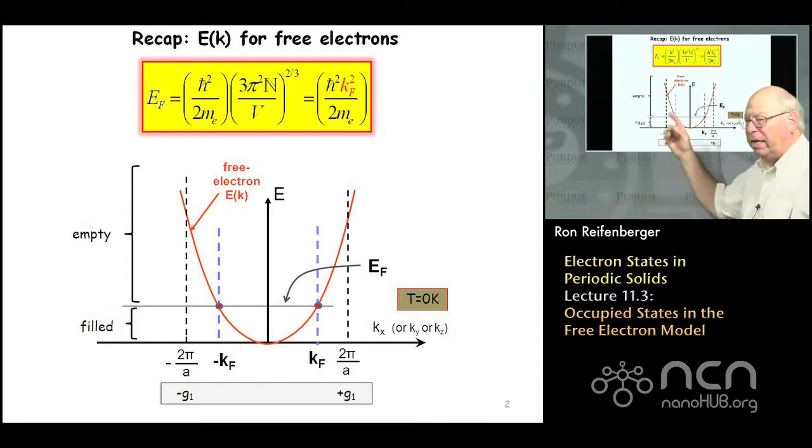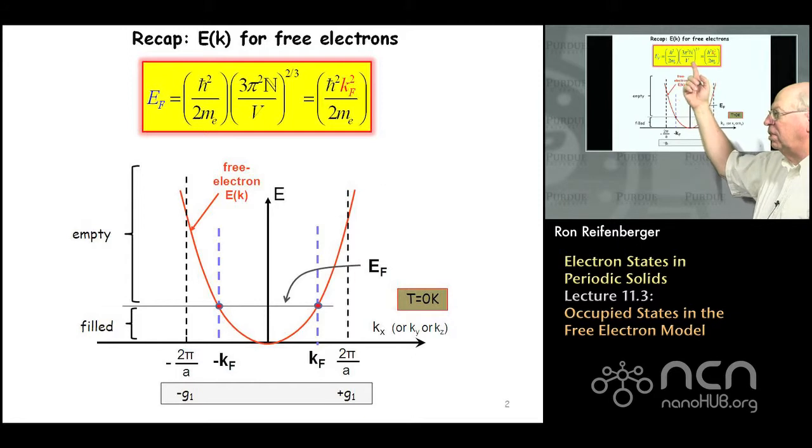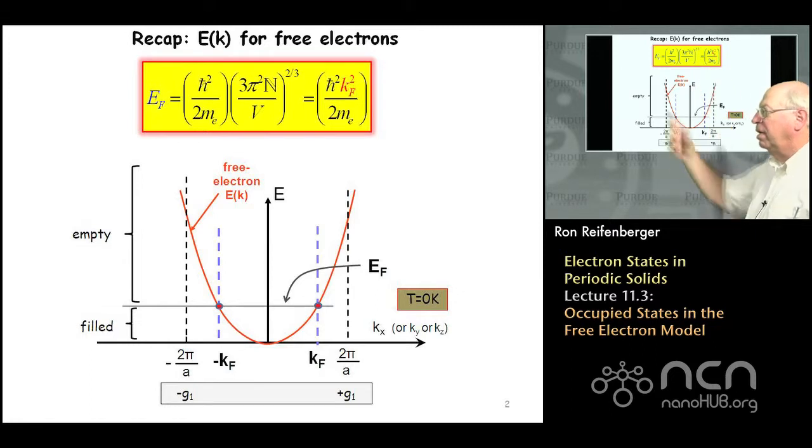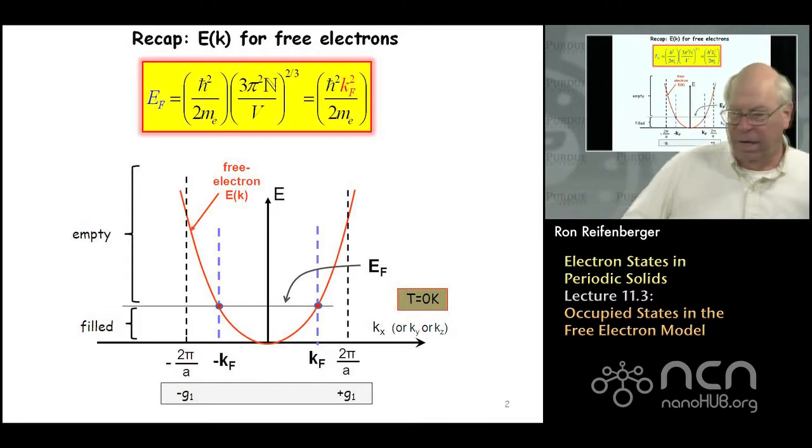And this quantity in parentheses is often abbreviated as the Fermi wave vector k sub F, and that then allows us to write the Fermi energy in terms of our familiar h bar squared k squared over 2m formula.